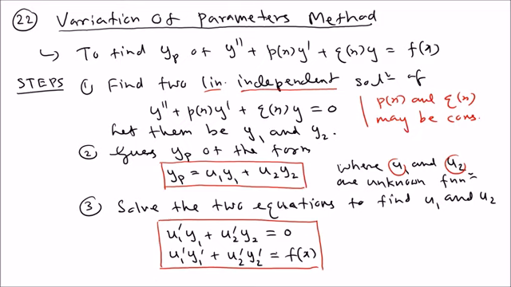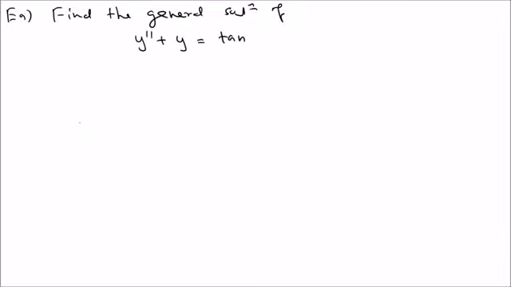So let's use this method to solve a problem that you cannot do using the undetermined coefficient method. Example: find the general solution of y'' + y = tan x.